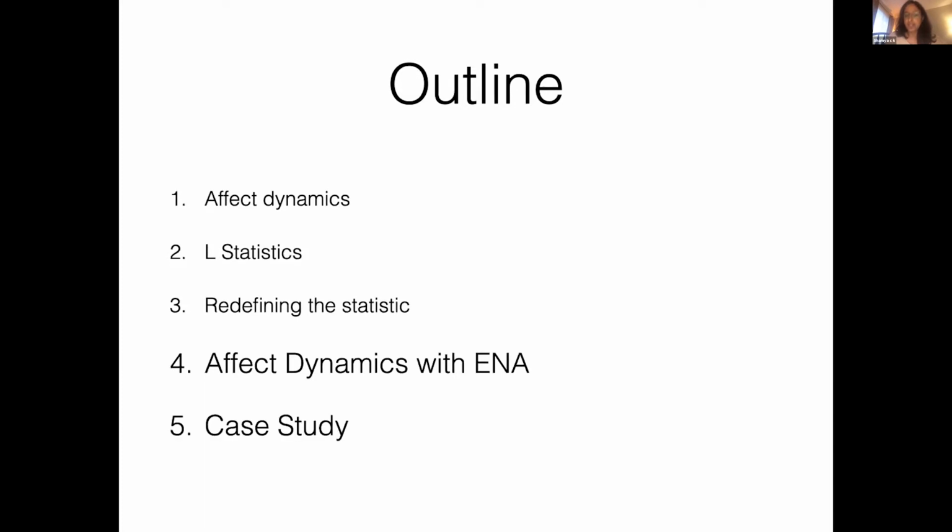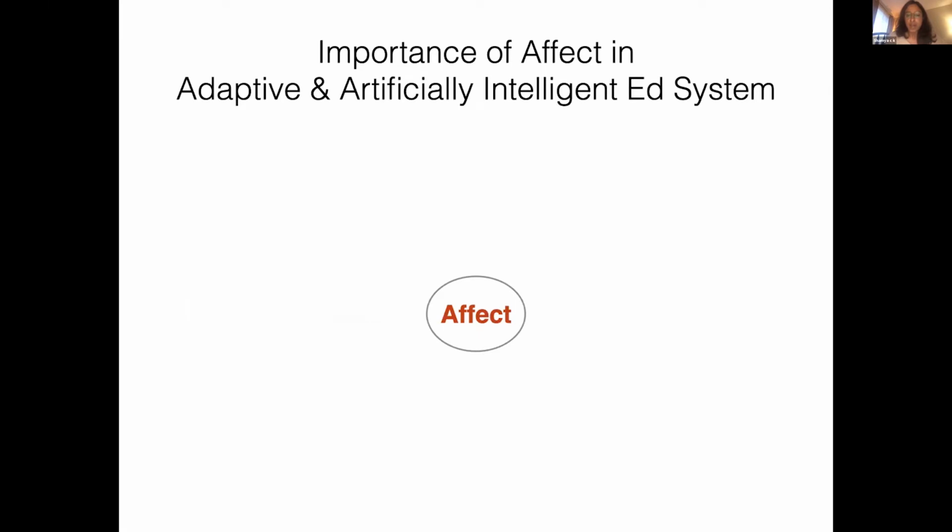So first I'm going to begin with a quick and brief introduction of the field of affect dynamics, leading up to the motivation of this particular work, which is affect dynamics with epistemic network analysis. Affect plays an important role in designing adaptive and artificially intelligent educational systems.